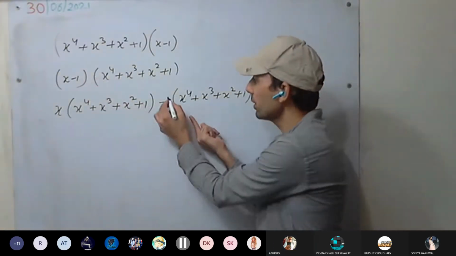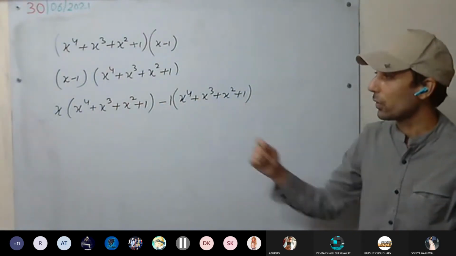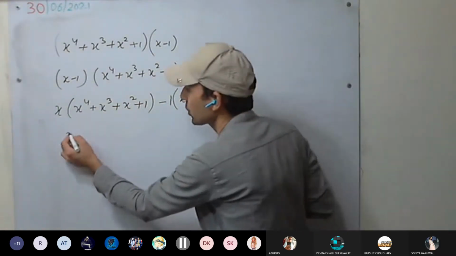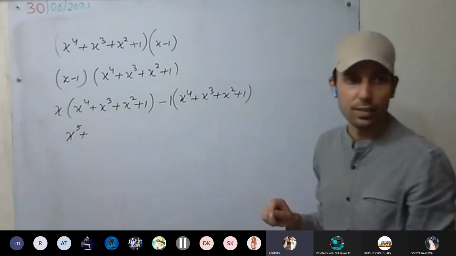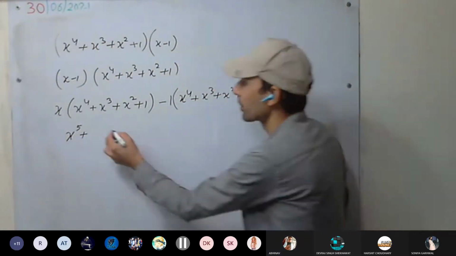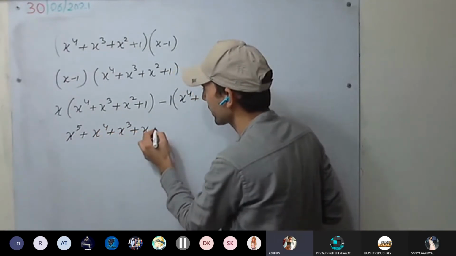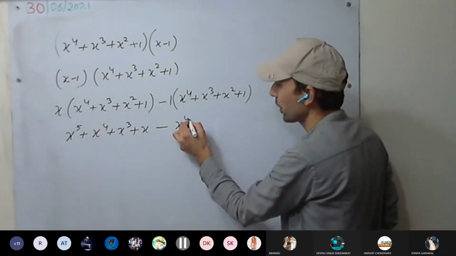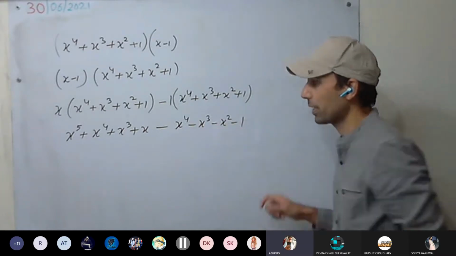This minus 1 is going to be multiplied with them all. Now solve: x to power 5 plus x to power 4 plus x cube plus x square plus x, minus x to power 4 minus x cube minus x square minus x minus 1.